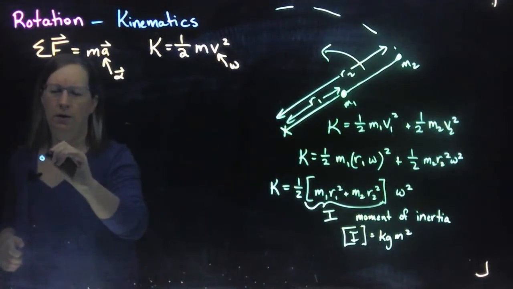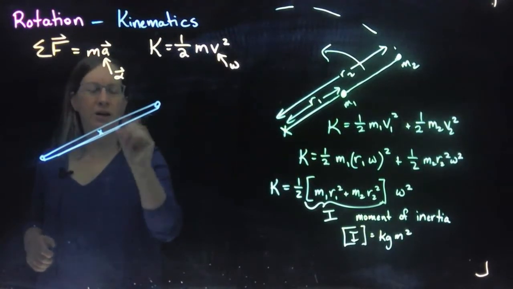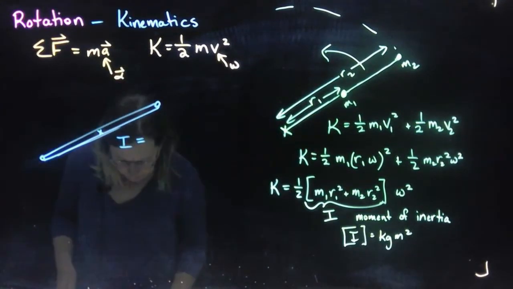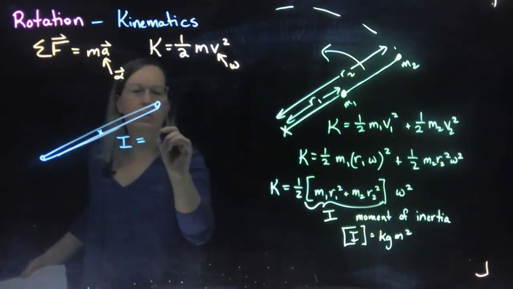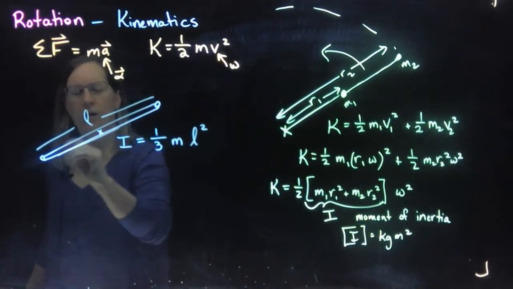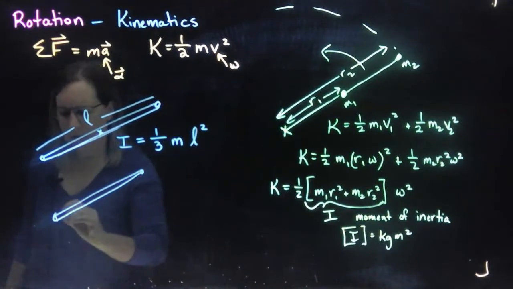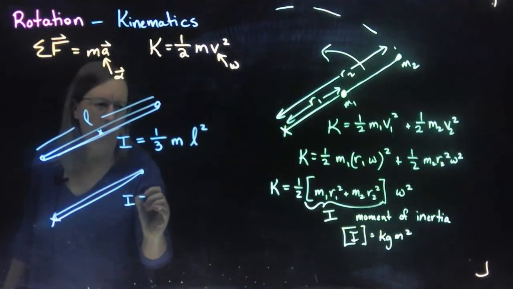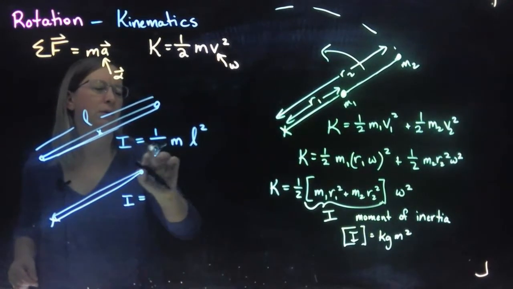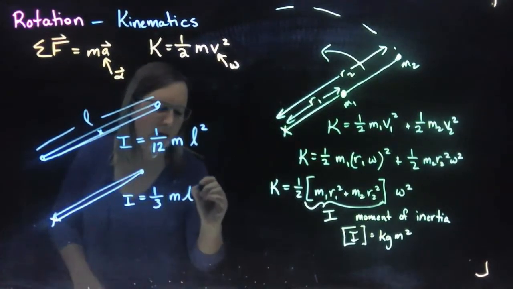If we look at a thin rod and rotate it around the central point, if you do that integral, it turns out that the moment of inertia is, I have to look this up, in the middle, 1/12 the mass of the rod times the length squared, where this is L. Around the end, it's 1/3 ML squared.